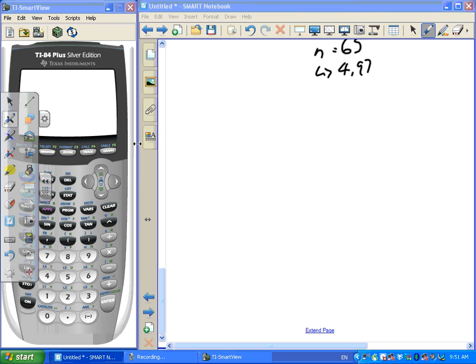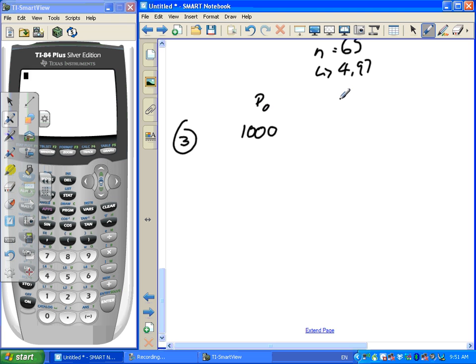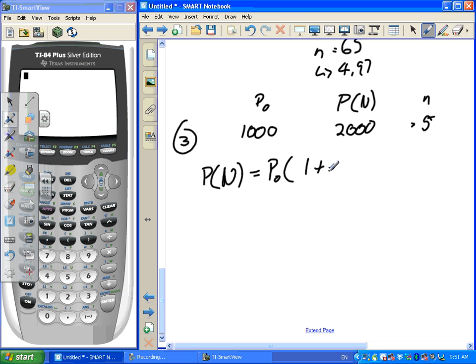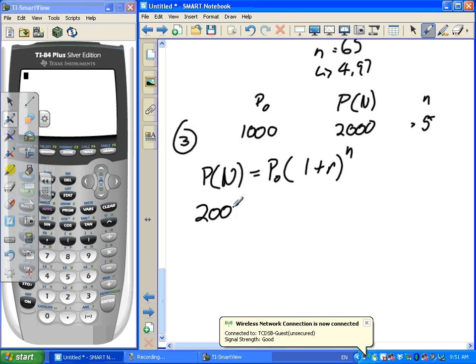So our question 3, we start with 1,000 P at O, and we get to 2,000 P at N, and it was after 5 years. Our N is 5. So according to our formula, P at N equals P at O times (1 plus R) to the N. Plug in these values: 2,000 for P at N, 1,000 for P at O, (1 plus R) to the power of 5.